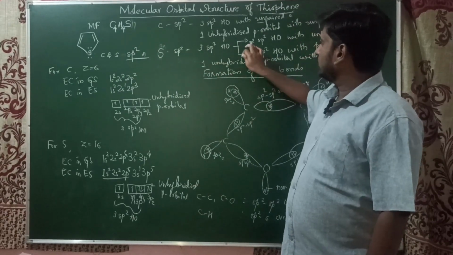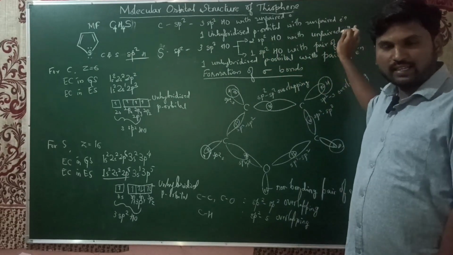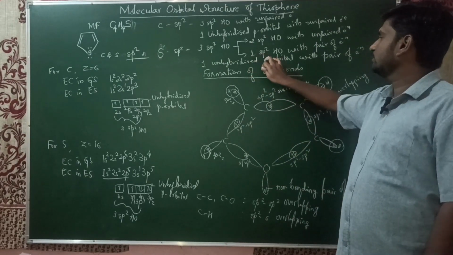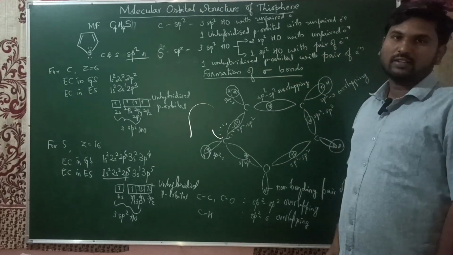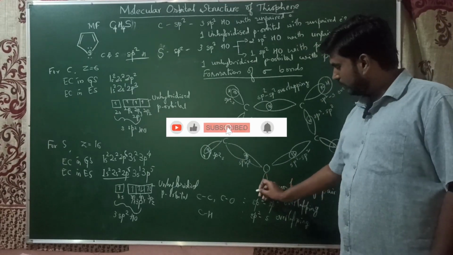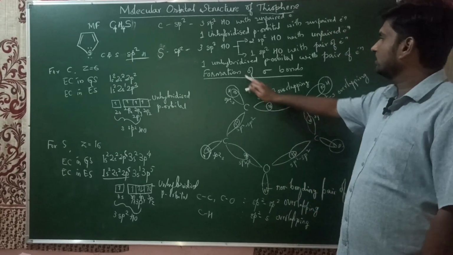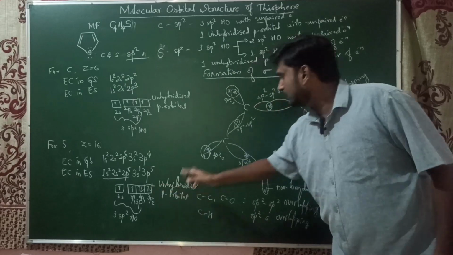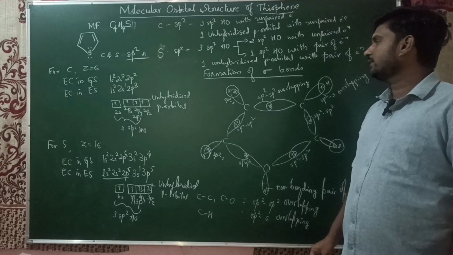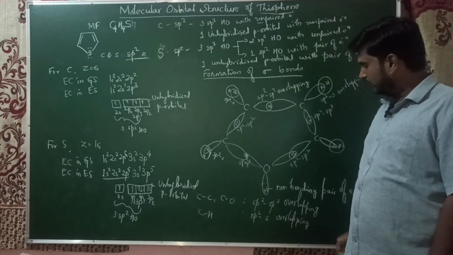Two sp2 hybrid orbitals with unpaired electrons form sigma bonds, and one sp2 hybrid orbital with a pair of electrons does not involve in bond formation and will be present as a lone pair. It still has an unhybridized p orbital with a pair of electrons. This is the electronic status of sulfur and carbon in thiophene.